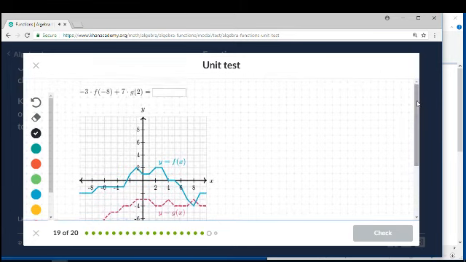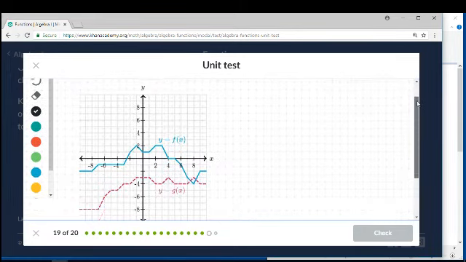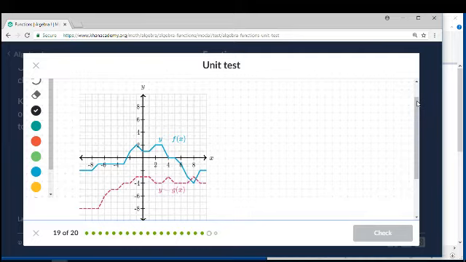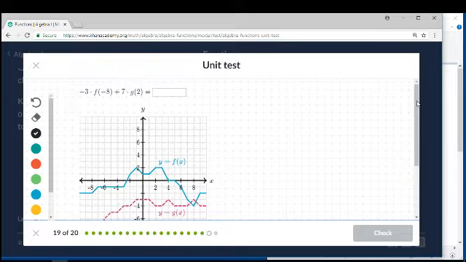All right, f of negative 8, when x is negative 8, f of x is negative 2. And when x is 2, g of x is negative 4.